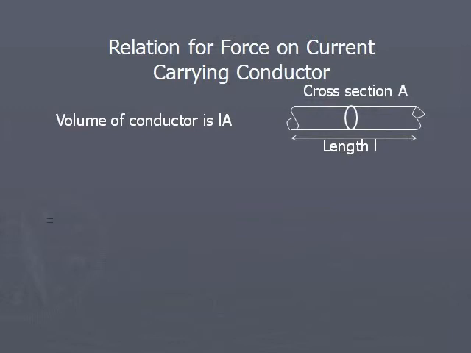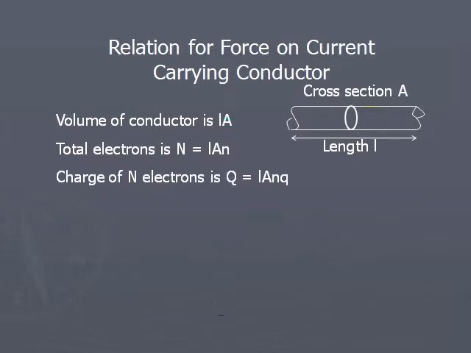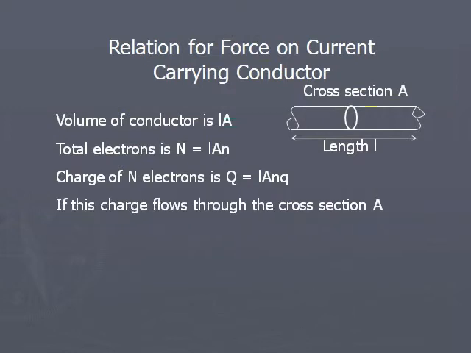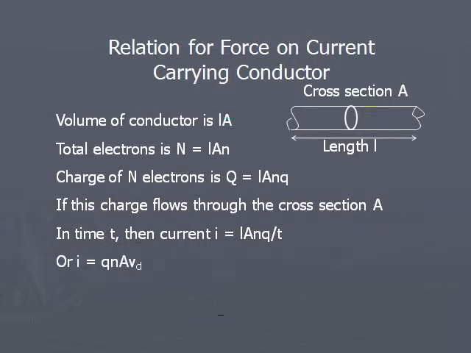So the charge crossing the cross section A, for each electron the charge is Q. For all the electrons the charge is equal to capital N Q, that is equal to small n LAQ. The total charge crossing the conductor is small n LAQ.